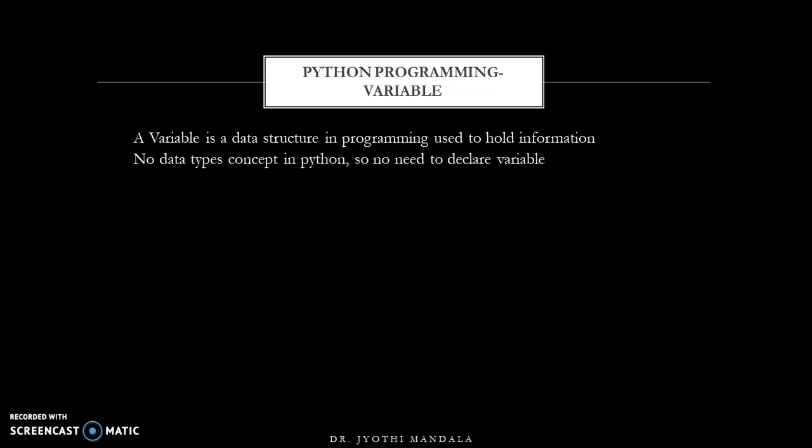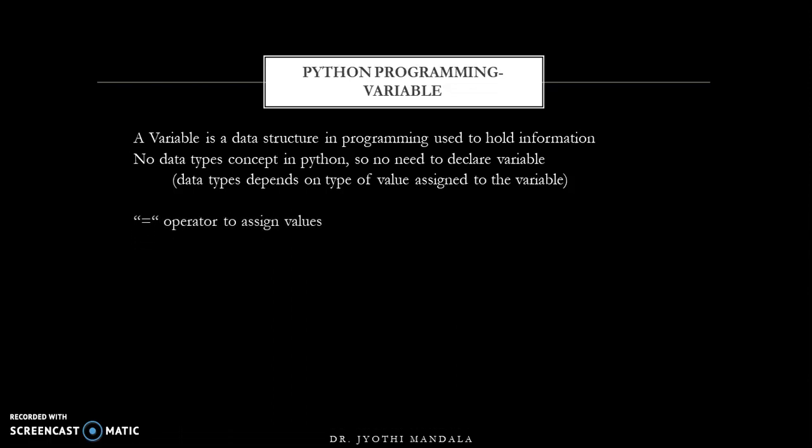Whereas in other programming languages, let us consider C or Java, whenever you want to use any variable, you need to declare that variable first, like int a. But in Python, it is not required to declare the variable. Why? Because there is no data types concept in Python. Whatever value you assign to the variable, depending upon that, the data type is considered.